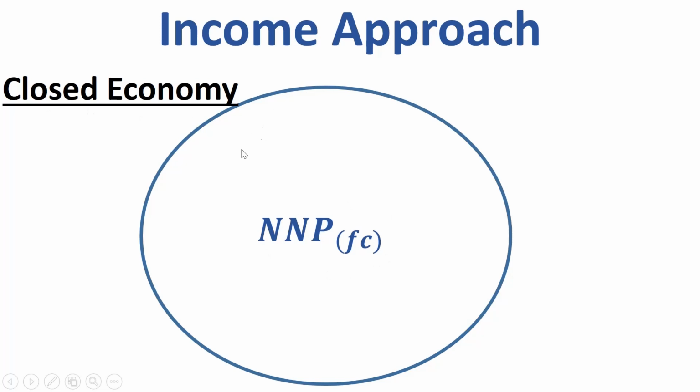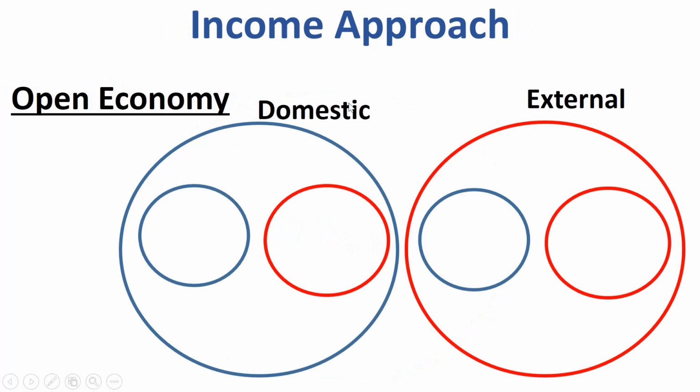This net national product at factor cost, let's try to understand it a bit further. So we are expanding this analysis to the open economy. When we talk about open economy, we are basically saying that there's the domestic economy and then there's an external economy. Within the domestic economy, there are two classes of factors of production: factors of production of our nationals in the blue color and factors of production of foreigners in the red color, all operating in the domestic economy.